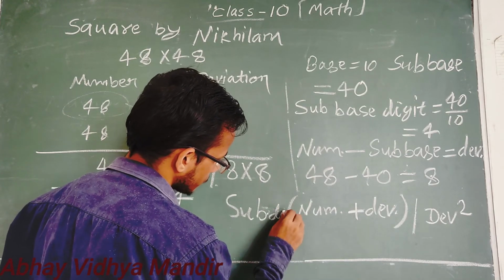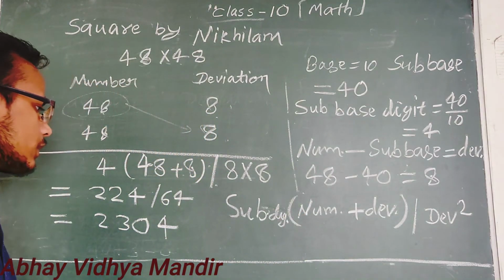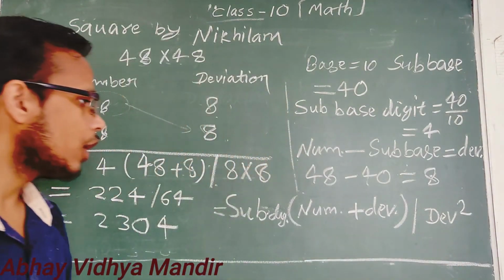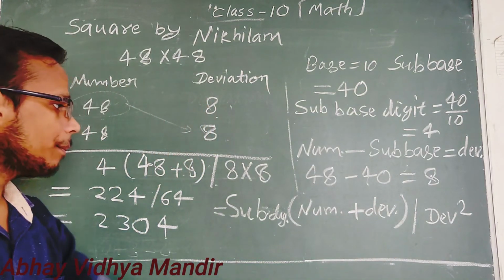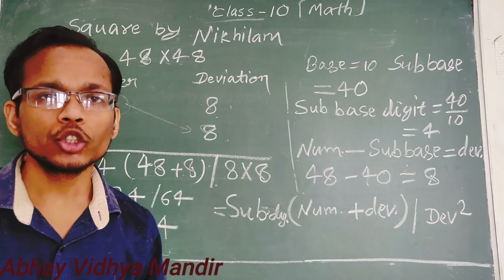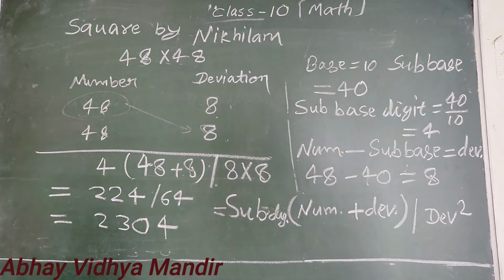Remember that this is the formula. Deviation square oblique number plus deviation multiplied with the sub-base digit. So this is the formula of square.